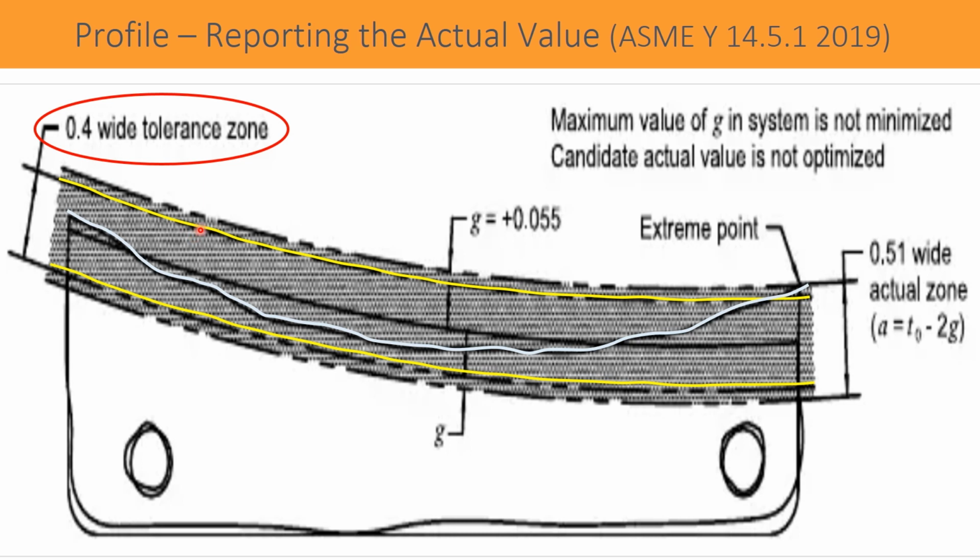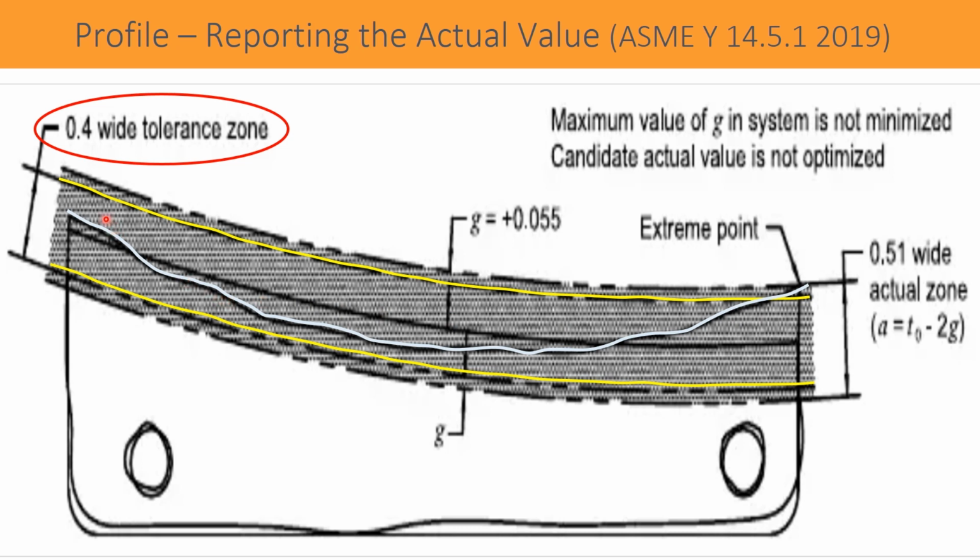The yellow lines we see here are the maximum material boundary and least material boundary. This zone is the tolerance zone of the profile, a bilateral tolerance, equally distributed, 0.2 above and 0.2 below, and the gray profile line is the actual.